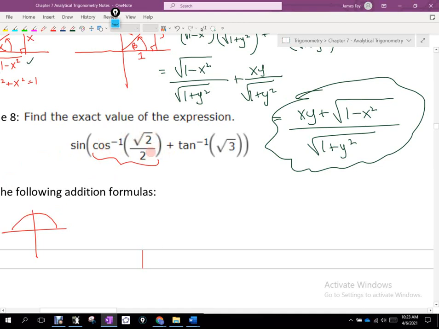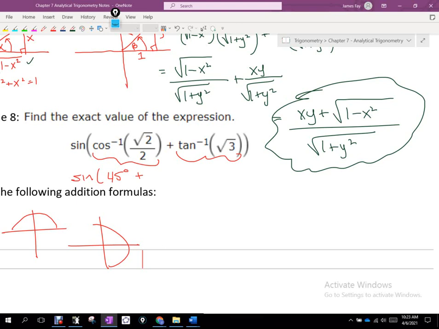Ultimately, this is asking, what angle measurement has an x value of radical 2 over 2 in the first or second quadrant? 45. So this is really saying sine now of 45. Plus now this is saying, which angle measurement in either the fourth or first quadrant has a sine divided by cosine that gives me radical 3.